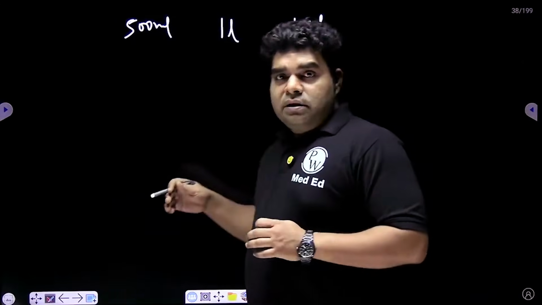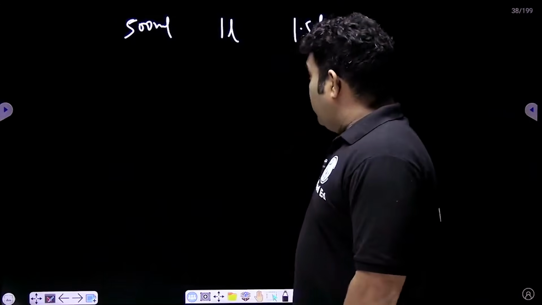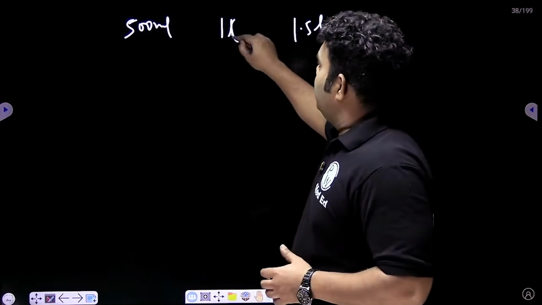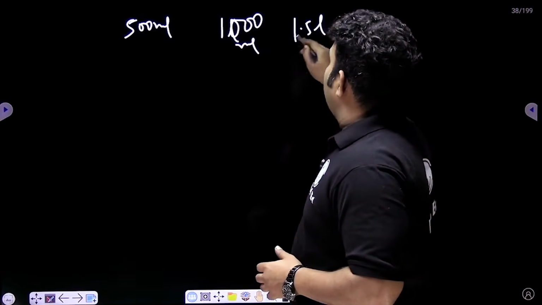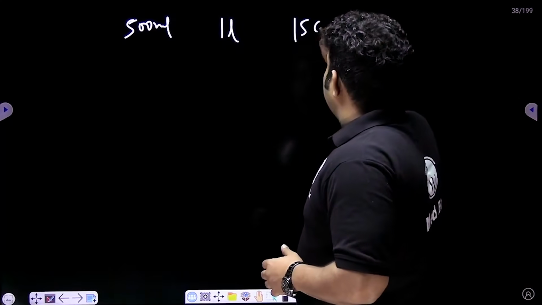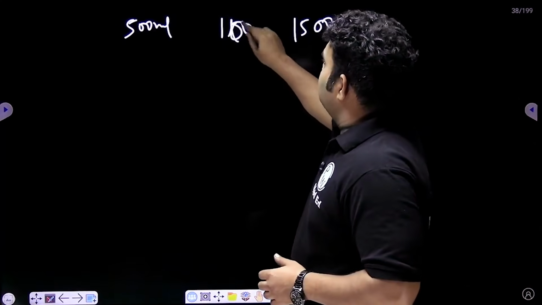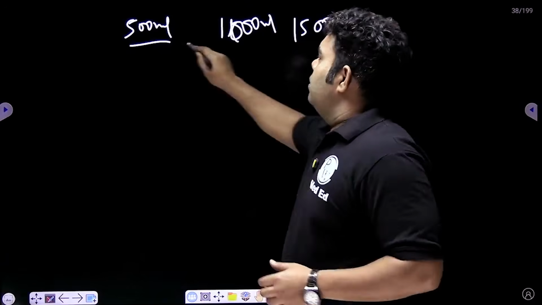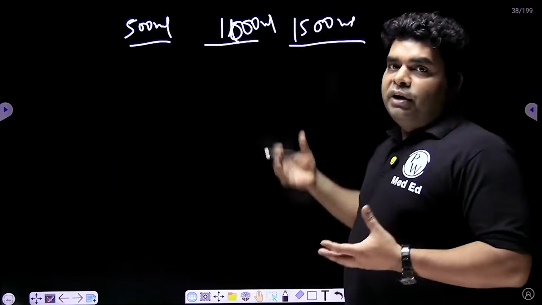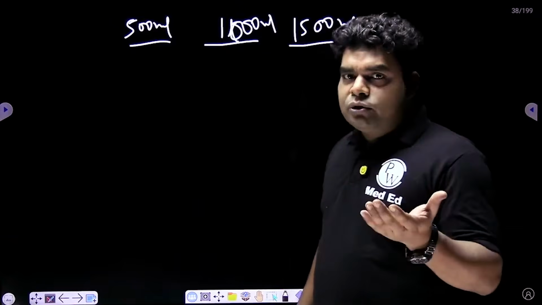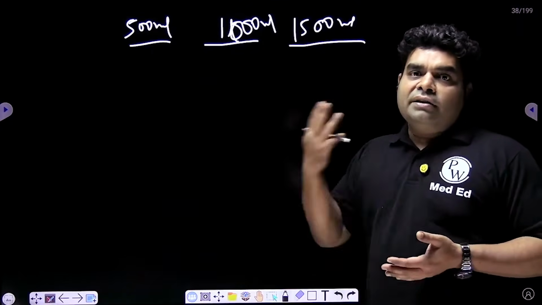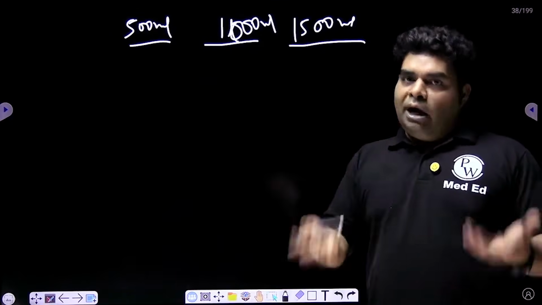Now in this data, what is the average of 500 ml, 1000 ml and 1500 ml? Of course, the average will come 1000. You can measure it also. 500 plus 1500 is 2000, 2000 plus 1000, 3000, 3000 by 3 will come 1000.